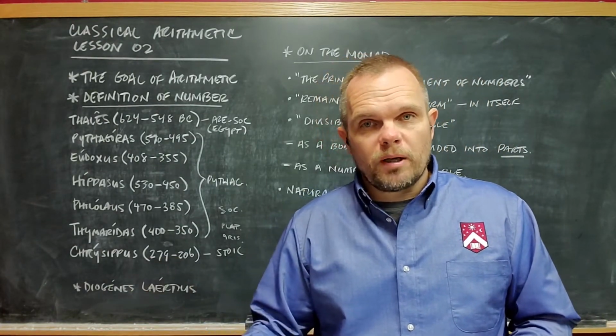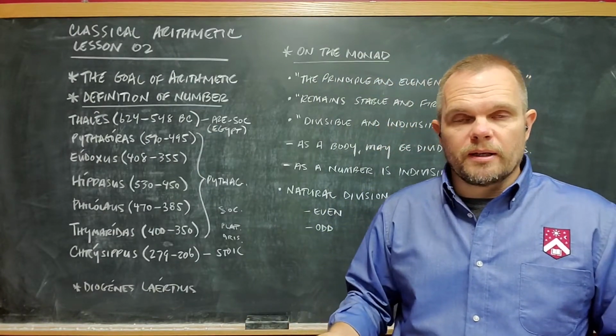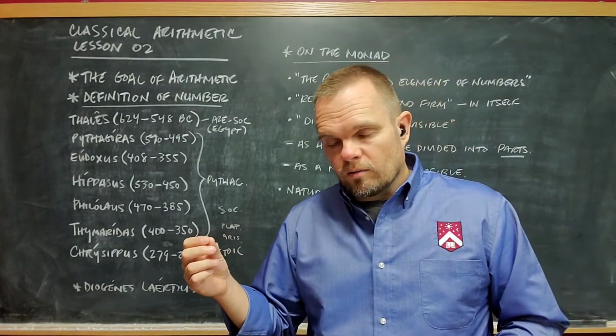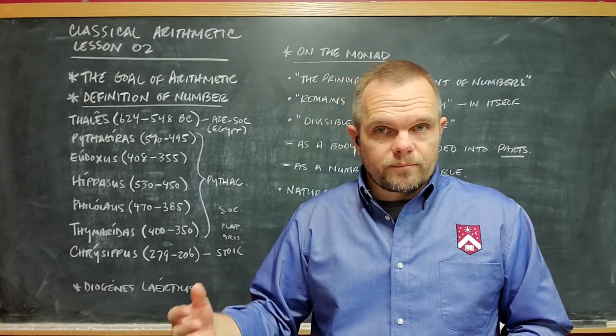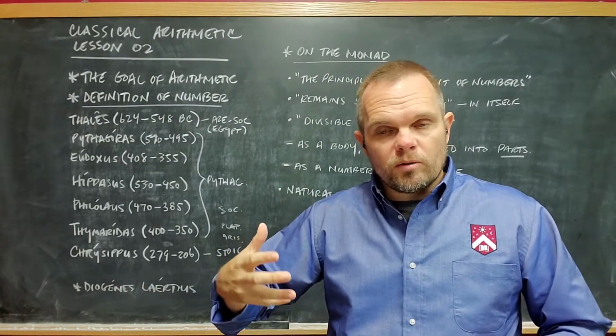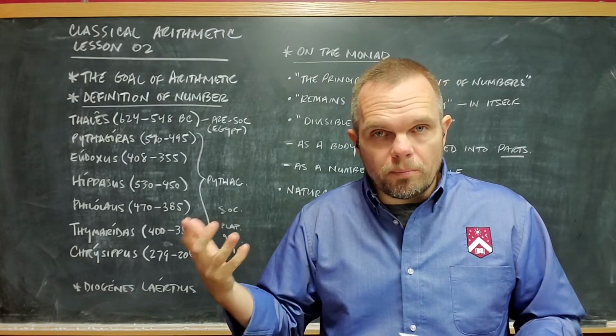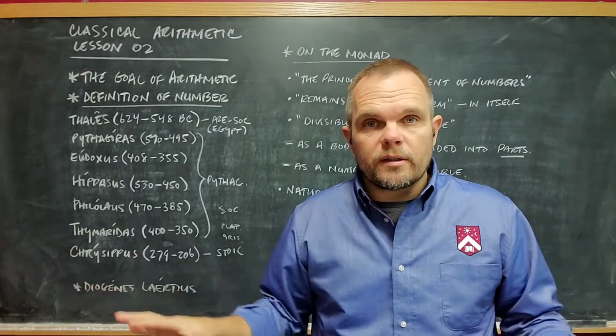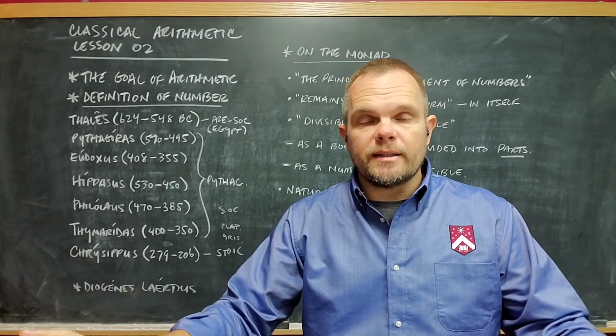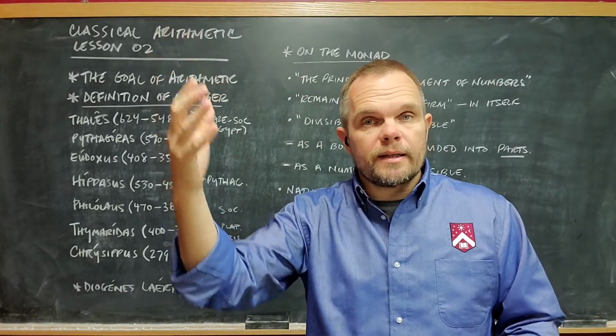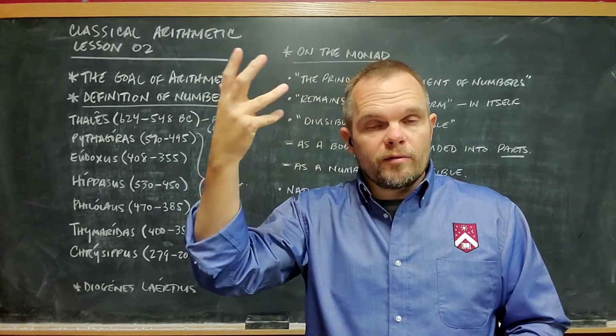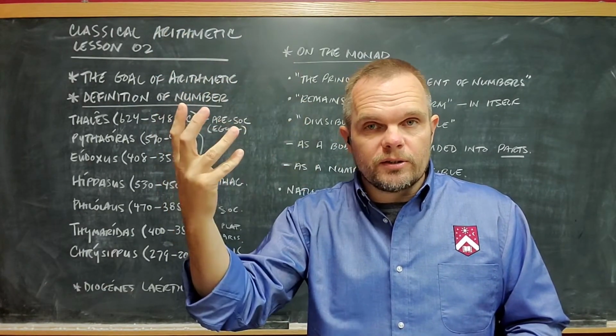In Plato's Republic, Socrates explains that arithmetic and geometry help us to raise our minds above the world that we see and feel through our senses to a world that is understood by the faculty of reason or intelligence.